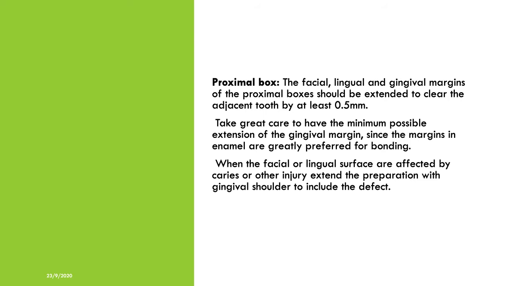When the facial or the lingual surfaces are affected by caries or other injury, extend the preparation with a gingival shoulder to include the defect. Make sure you have a 0.5 mm clearance with the adjacent tooth, because one of the advantages of indirect tooth colored restorations is that good contacts and contours can be reproduced. So adequate space should be left for that restoration.